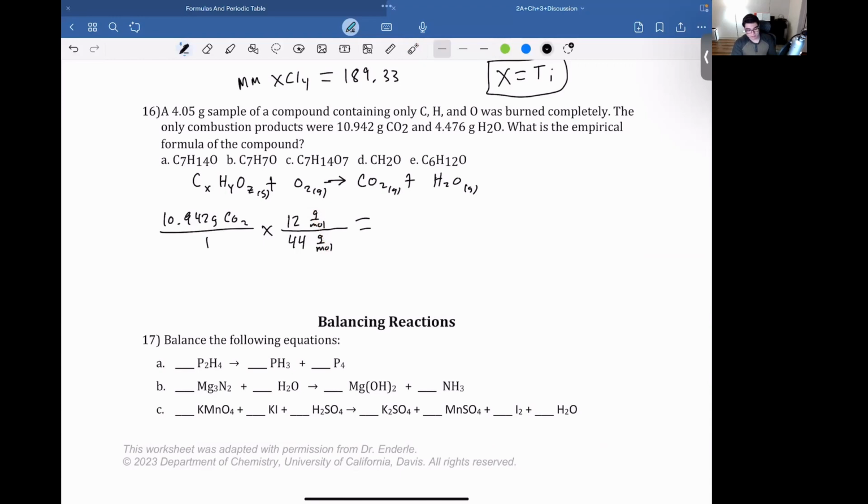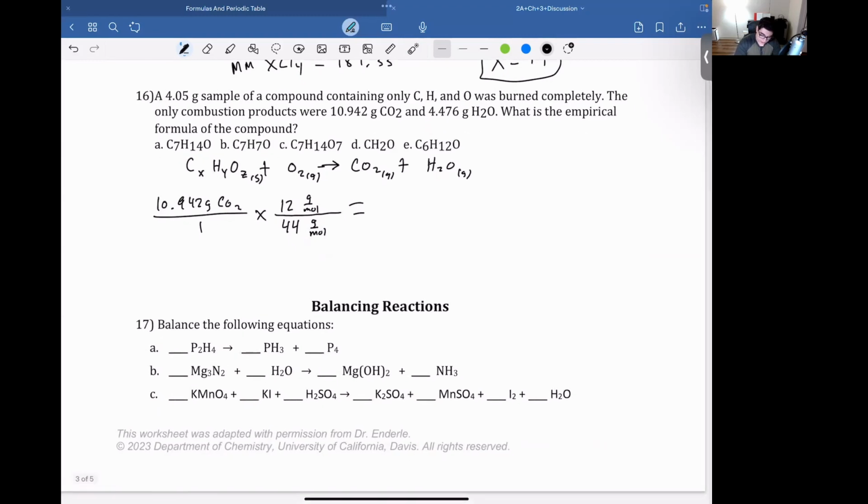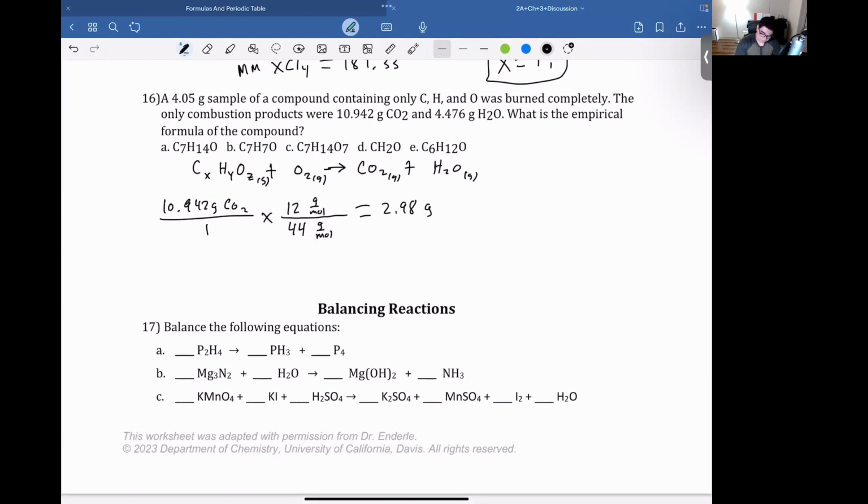Then you can go ahead and plug this into the calculator. You get 2.98 grams. Now keep in mind, this is grams of carbon. Actually, another way we can write this to make this make more sense is grams of carbon per grams of CO2.